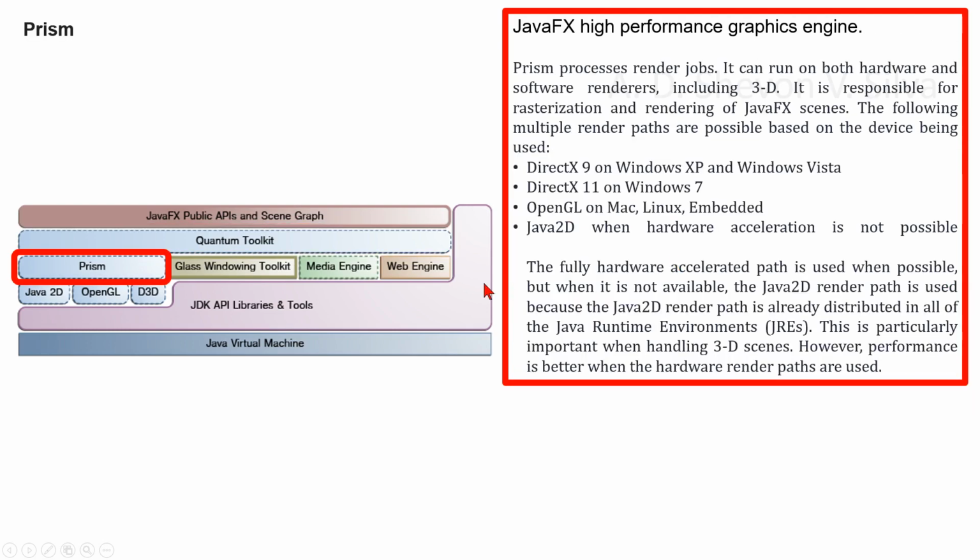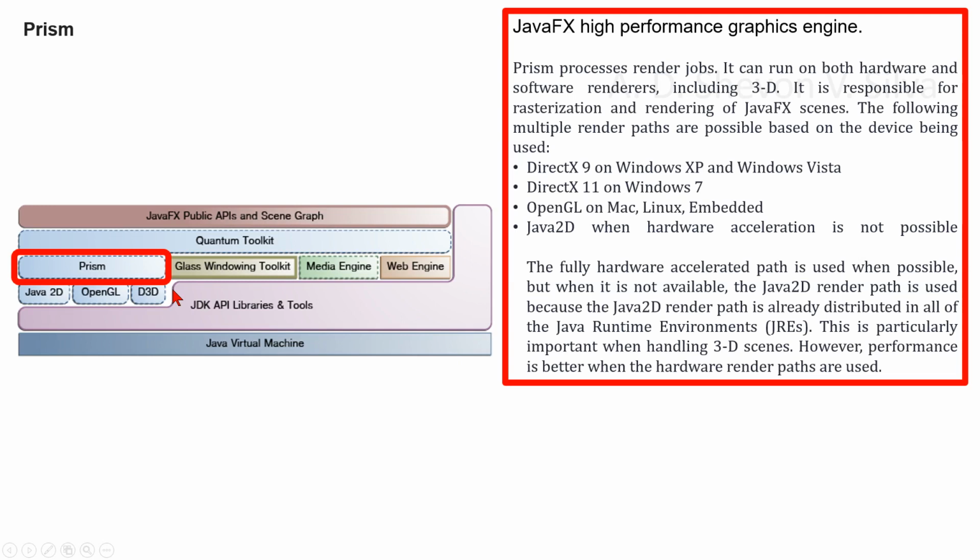Now we are focusing on Prism, JavaFX high performance graphics engine. Prism processes render jobs. It can run on both hardware and software renderers, including 3D. It is responsible for rasterization and rendering of JavaFX scenes.